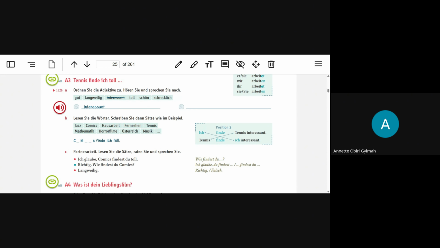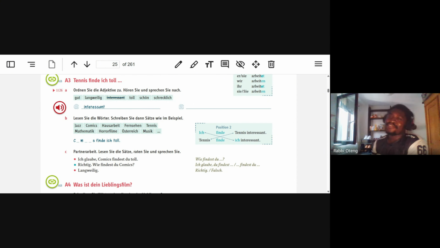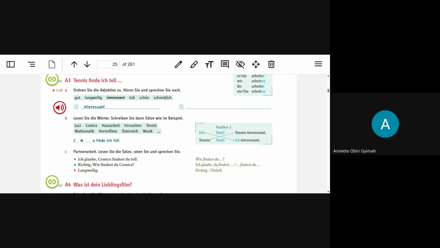Then do I have to interchange that same sentence, or do I use a different sentence? If you wanted to, you can interchange it. Österreich.